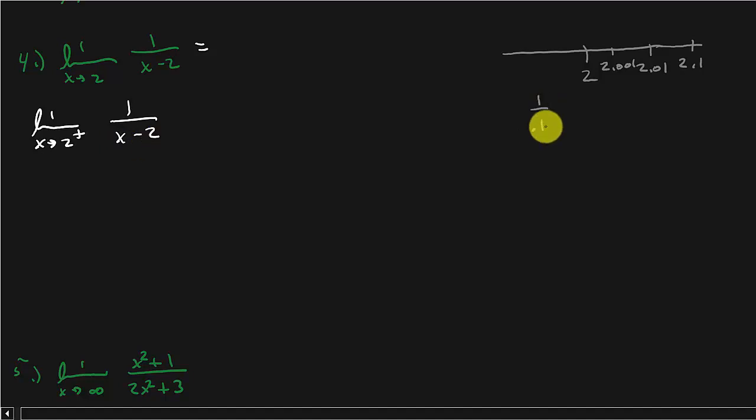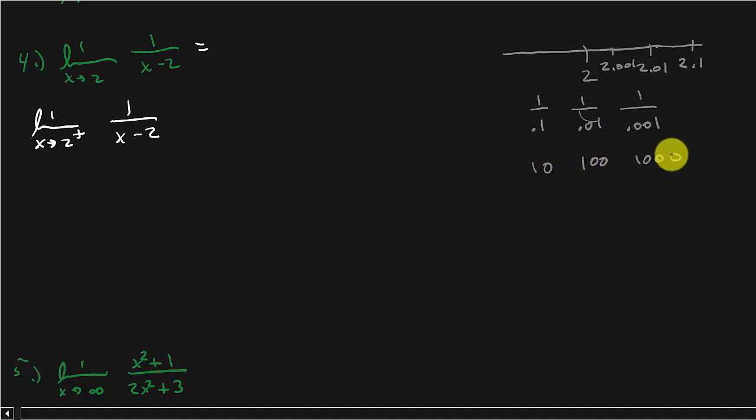What if I plug in 2.01? I get 1 over 0.01. And what if I plug in 2.001? I get 1 over 0.001. You see that? This is 10. This is 100. This is 1,000.